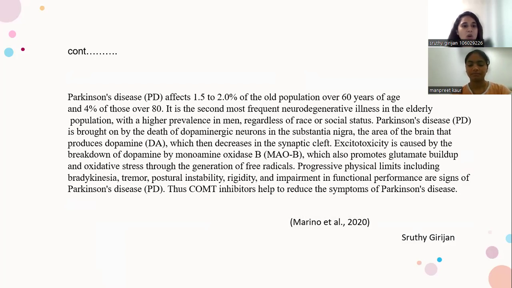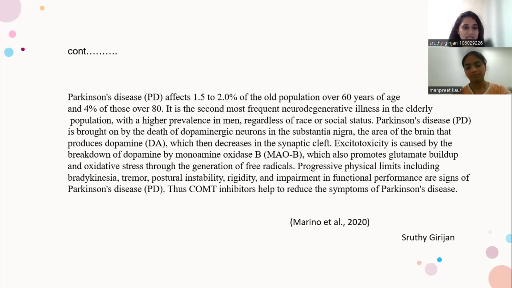Excitotoxicity is caused by the breakdown of dopamine by monoamine oxidase B, MAO-B, which also promotes glutamate buildup and oxidative stress through the generation of free radicals in the brain.